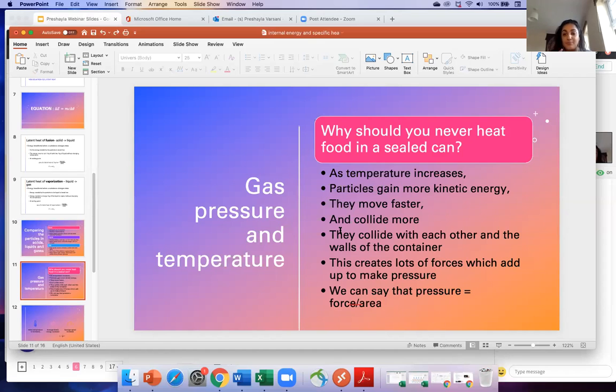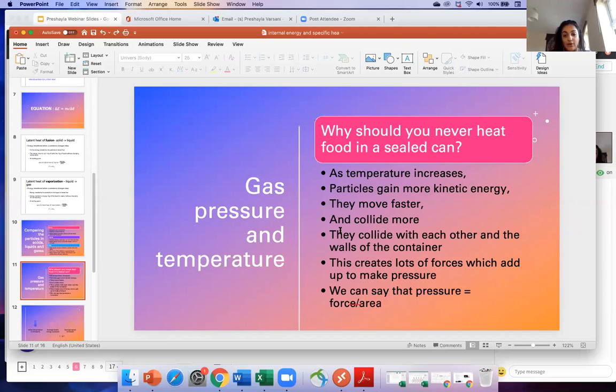Now, if this pressure keeps building and building as we keep heating and heating, there's going to be too much pressure in the can. And if there's too much pressure, there's too much force being exerted on the inside walls of the can. And this may cause it to explode.